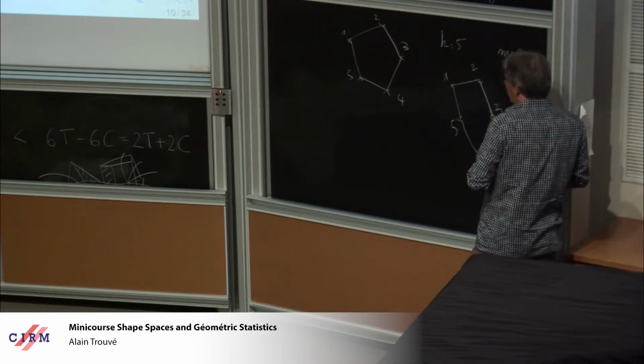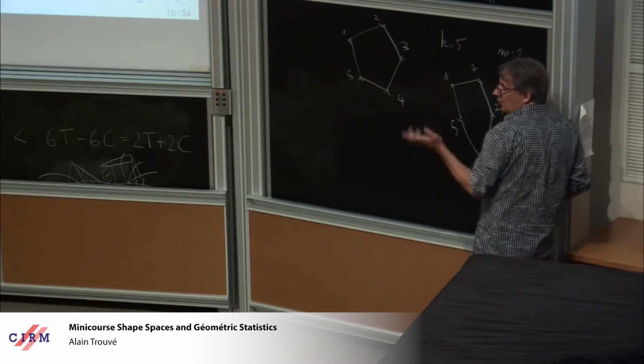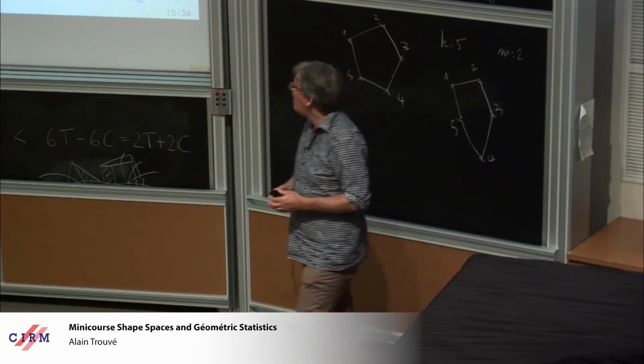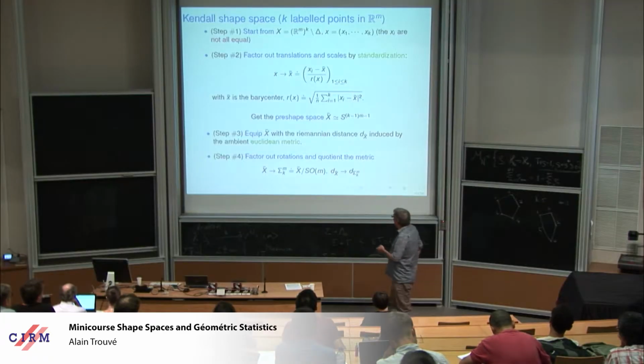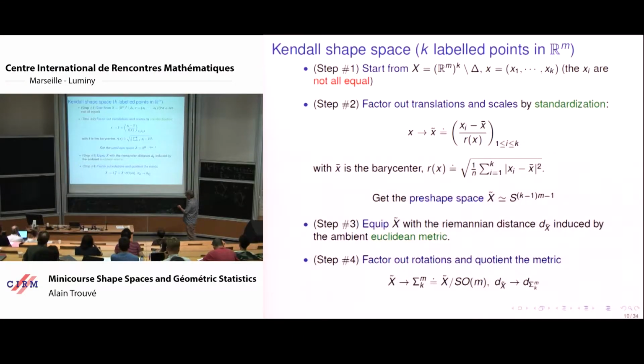Now that's clear, if you compute the distance between the two and you rotate both of them simultaneously, you will not change the distance. And so you factorize rotation by dividing by the rotation group. Since this action is an isometry, you get a distance.